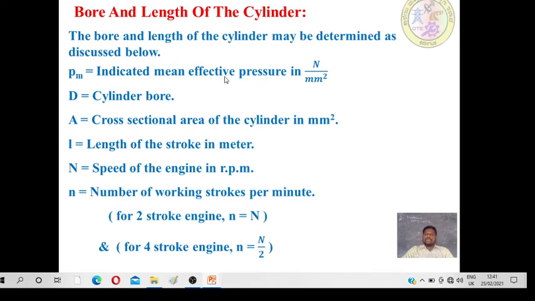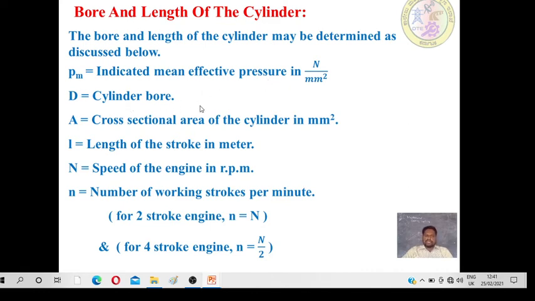Therefore, we don't have any particular pressure inside the engine cylinder. It changes in fractions of a second, at each movement of the piston. For this purpose, we take the mean effective pressure inside the engine cylinder.